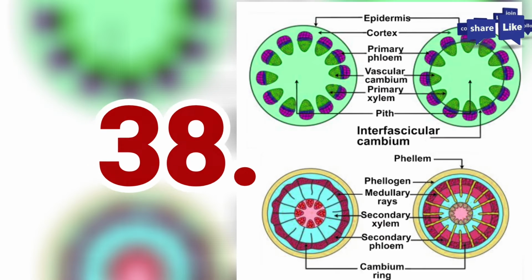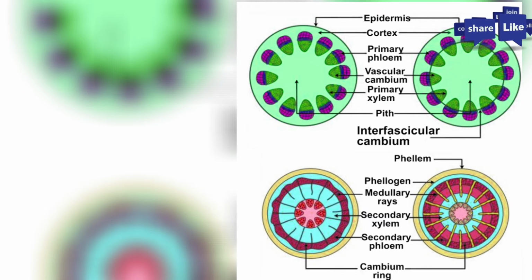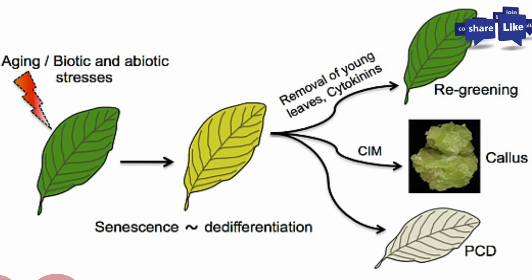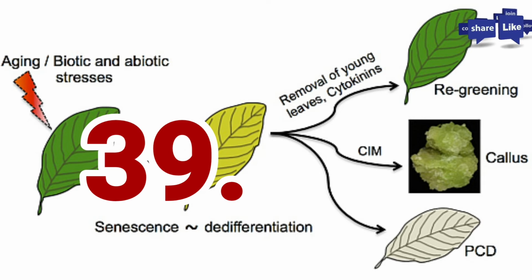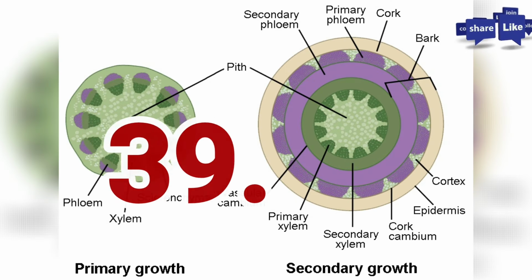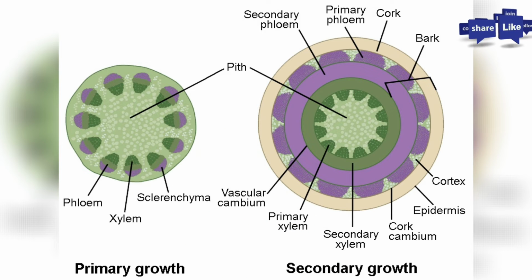These are interfascicular cambium and cork cambium. Redifferentiated cells are those that lose the ability of division permanently. They are secondary xylem and phloem, cork and secondary cortex.